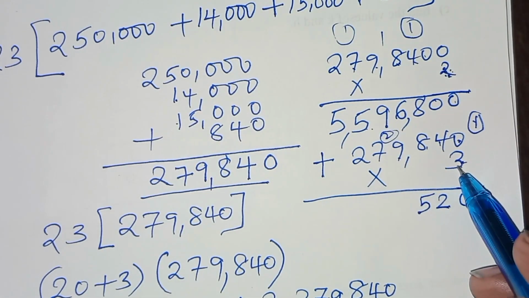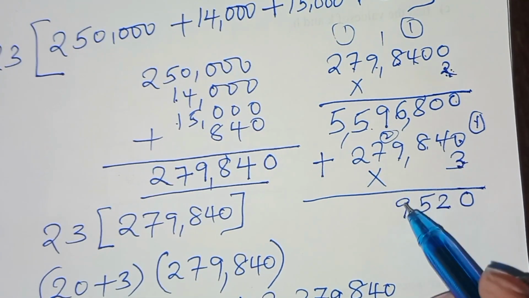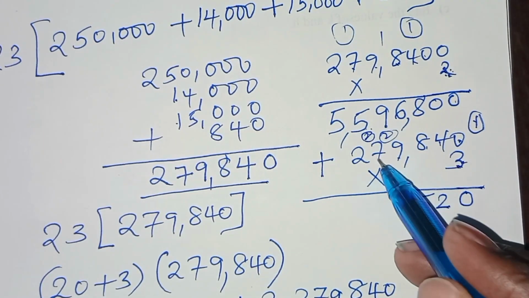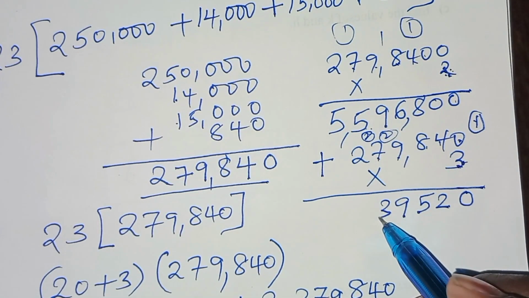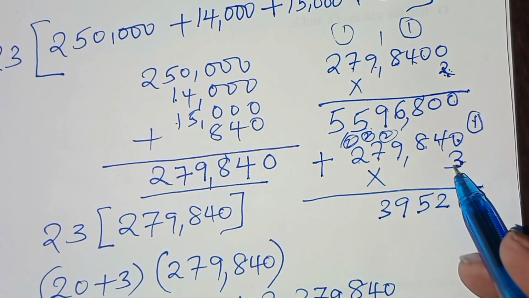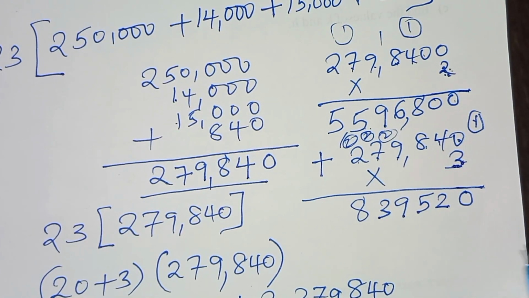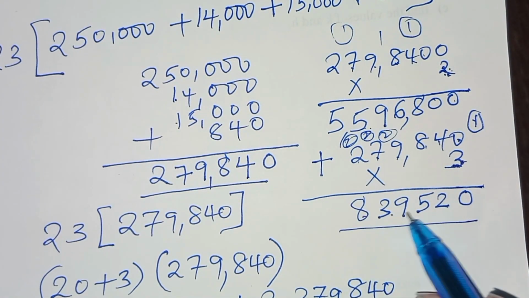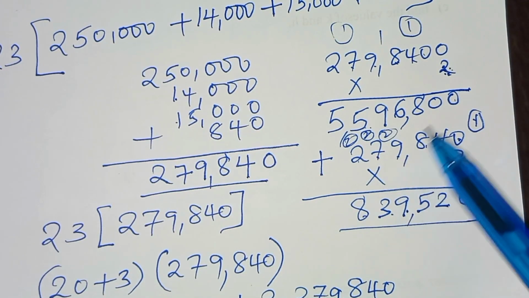Then 9 times 3, which is 27 plus 2, 29, so that is 9, carry 2. Then 7 times 3, which is 21, plus 2, this is 23, so 3, carry 2. Then 2 times 3, which is 6 plus 2, 8. So in this case, we have 839,520. So now let's add these two.